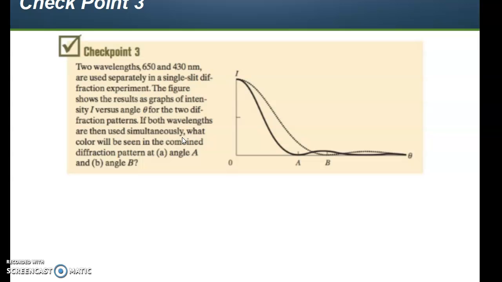Here's checkpoint number 3. And here, these are 2 wavelengths, 650 and 430 nanometers, used separately in a single slit diffraction pattern, showing the intensity versus the angle theta for 2 different diffraction patterns. If both wavelengths are used simultaneously, what color is seen in the combined diffraction patterns at angle A, that's this one, and then angle B?